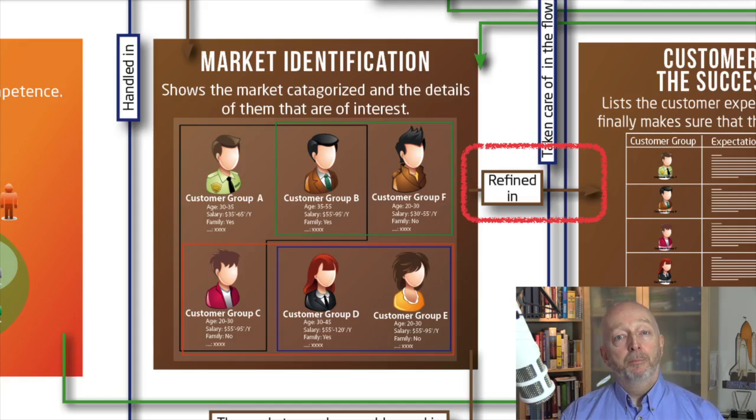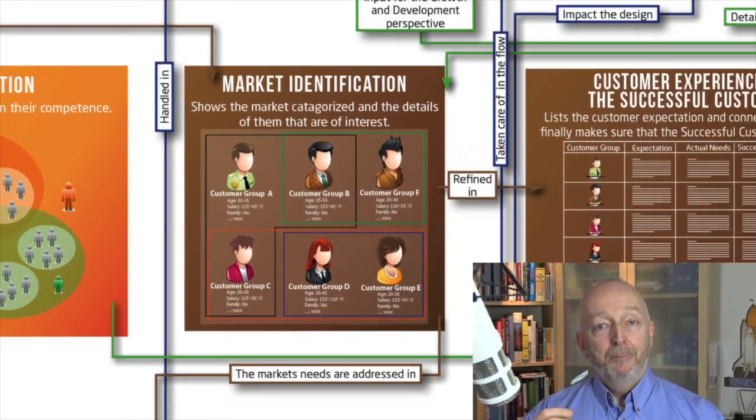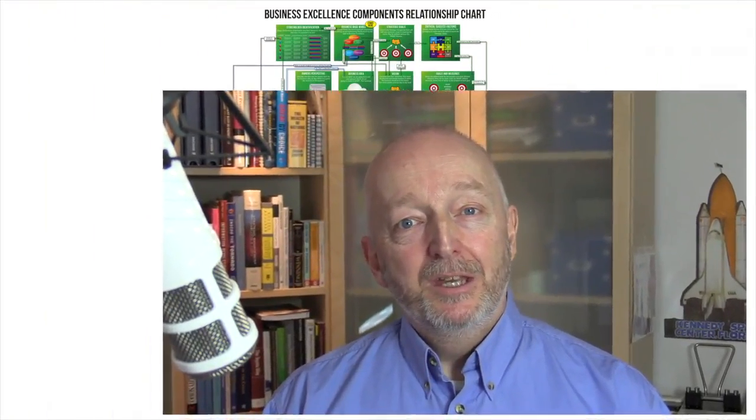Then we will put the product portfolio that I talked about in the previous video together with what we've talked about in this video, and combine them into an understanding of the details of the wants and needs. But that's for the next video.